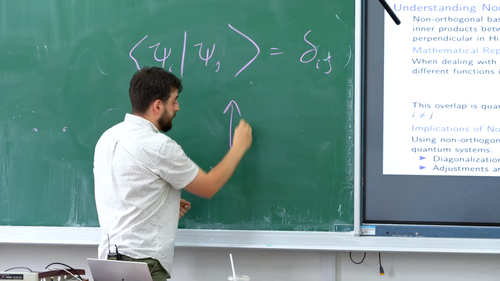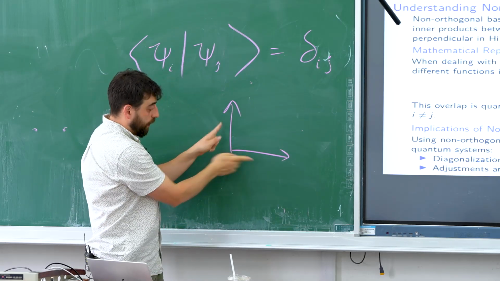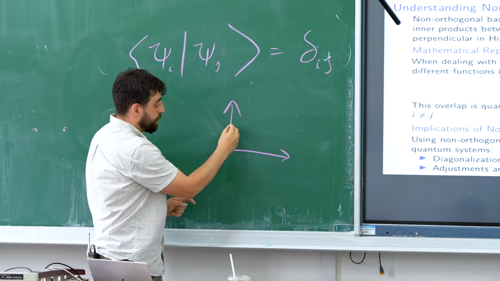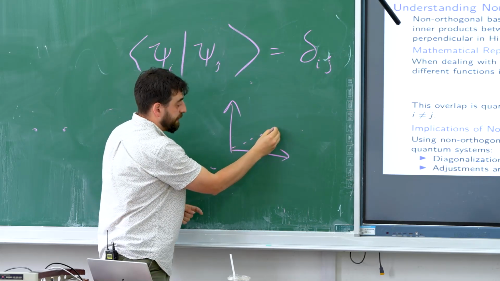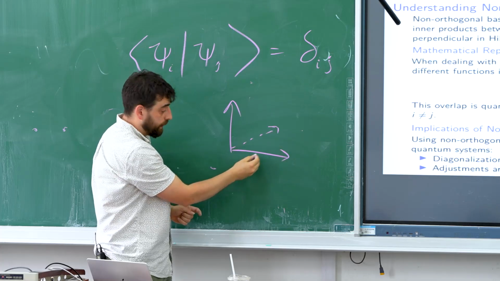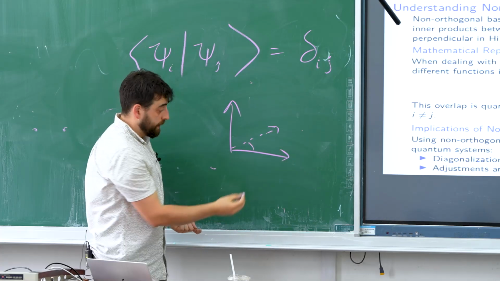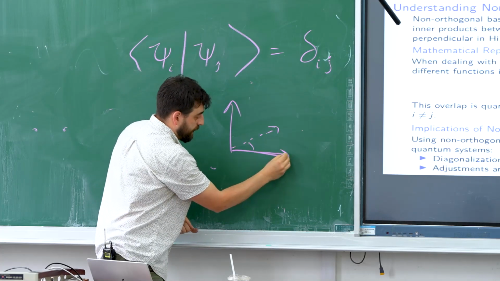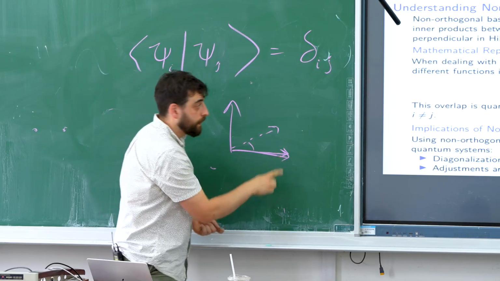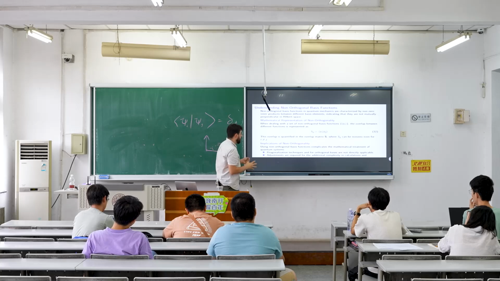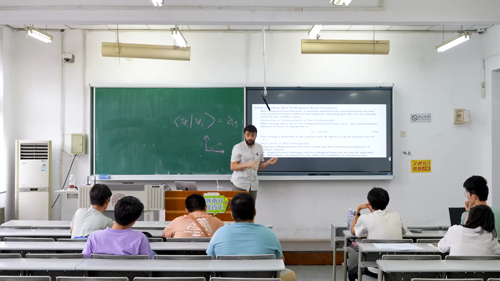Just like vectors, if my vectors are orthogonal, if I do the dot product of this one with this one, I get 0. Whereas if I take another vector which is non-orthogonal, the result is non-zero. But if I dot product this with itself, I get 1. But a basis set can be non-orthogonal.